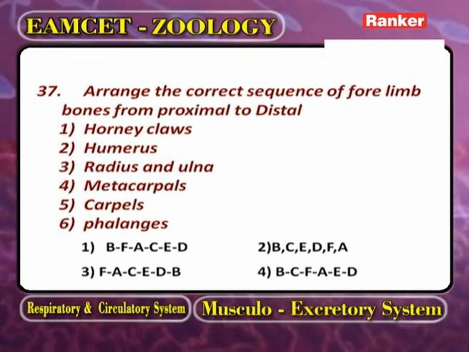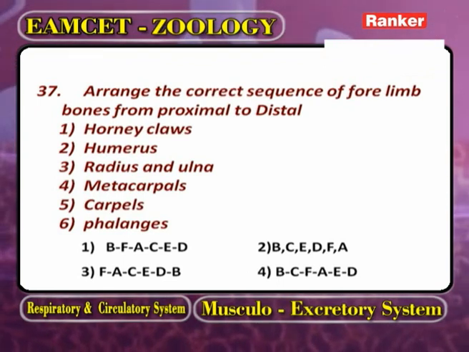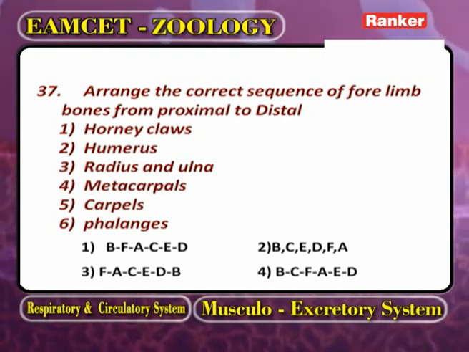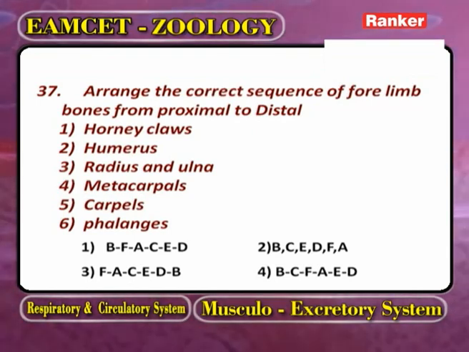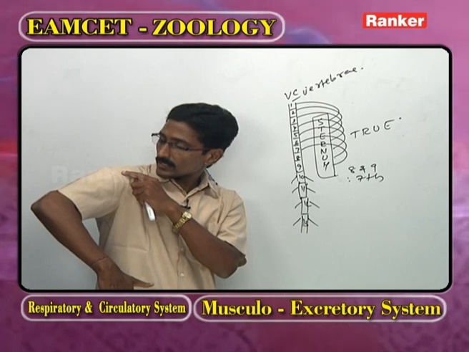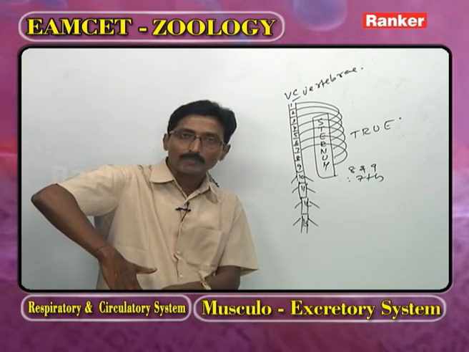Arrange the correct sequence of forelimb bones from proximal to distal. Now this is the forelimb. This is the proximal part and distal part.